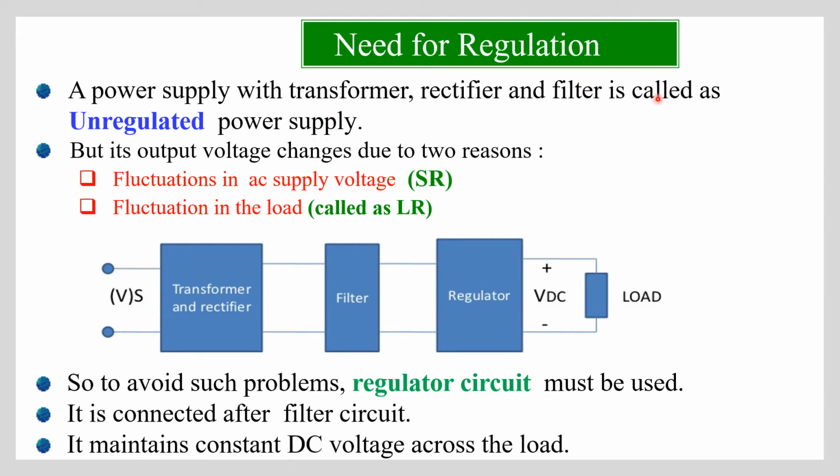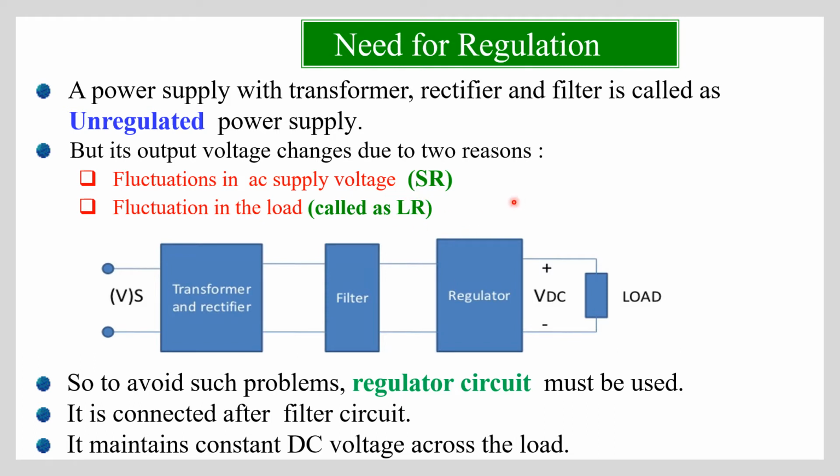So the question comes: the need for regulation. Why is there a necessity for a regulator circuit? A power supply with a transformer, rectifier and filter is called an unregulated power supply. But its output voltage changes due to two reasons: fluctuation in the AC mains supply, or fluctuation in the load, that is, supply regulation and load regulation.